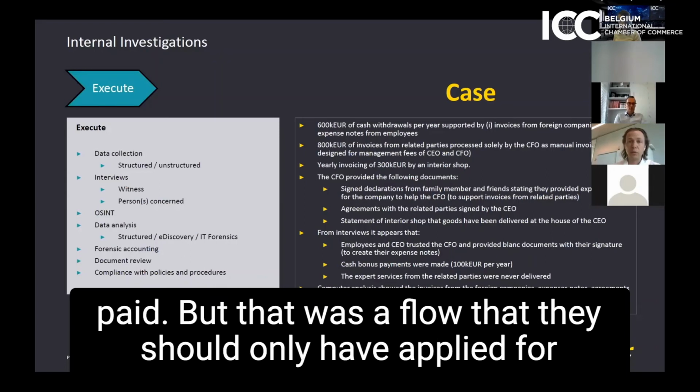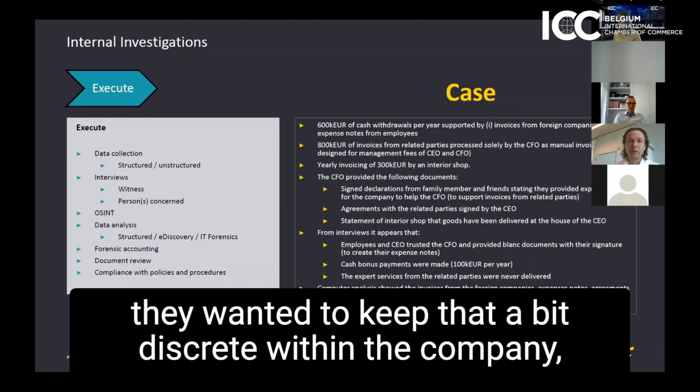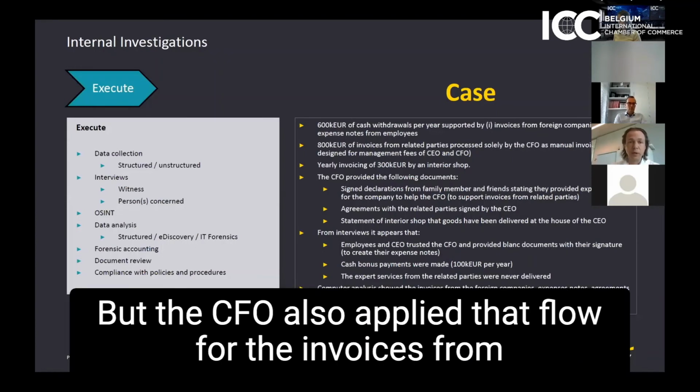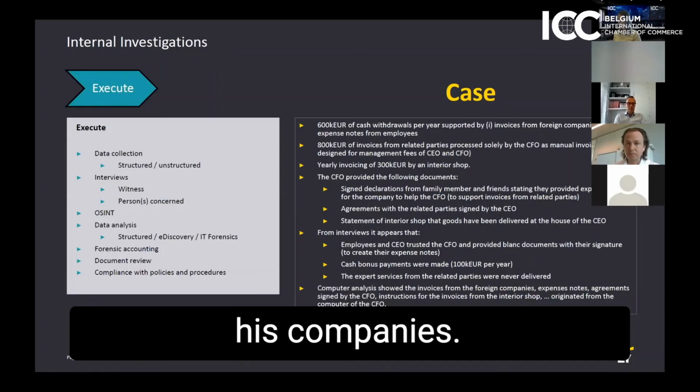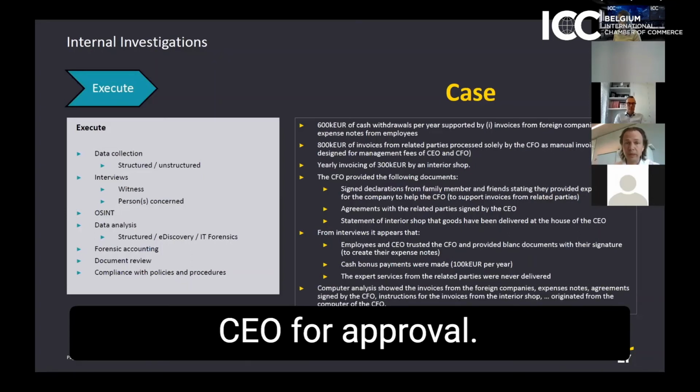But that was a flow that they should only apply for the management fee invoices of the CEO and the CFO, because they wanted to keep that a bit discreet within the company so that not everybody would see that. But the CFO also applied that flow for the invoices from his companies. But we saw that also those invoices had been signed by the CEO for approval.